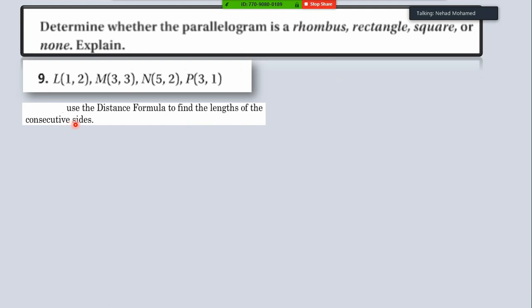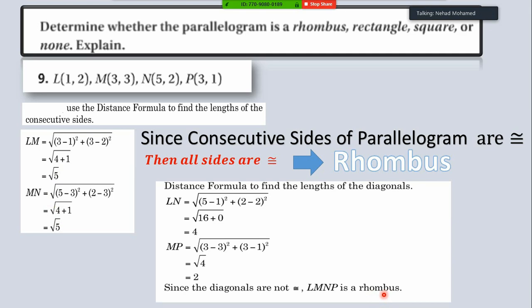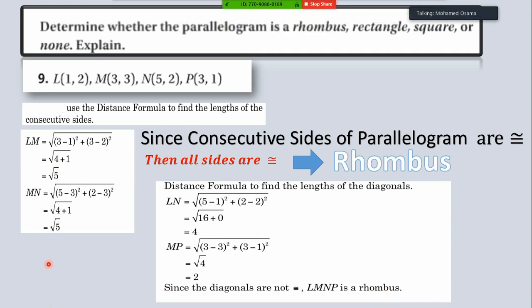Consecutive sides are sides beside each other, with a common letter, like LM and MN. Are they equal? Yes, so it is a rhombus. Excellent.